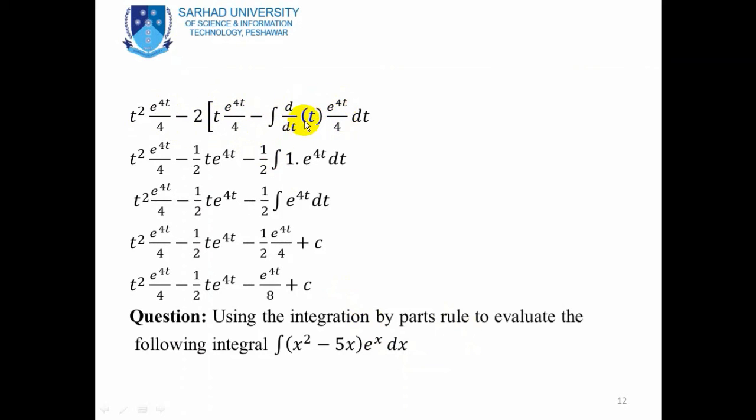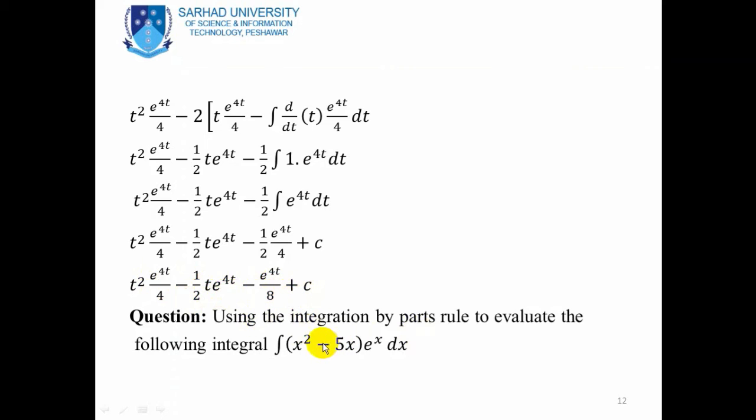Now the derivative of t with respect to t is 1, so in this term the product of two functions disappears and we have only one term, the integration of e^(4t) with respect to t, which is e^(4t) divided by 4. So the obtained result of the given problem is t^2 e^(4t) divided by 4, minus 1/2 t e^(4t), plus e^(4t) divided by 8, plus c.